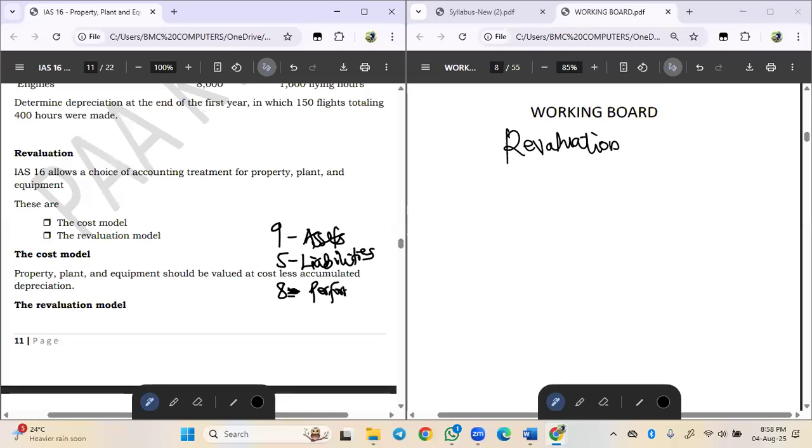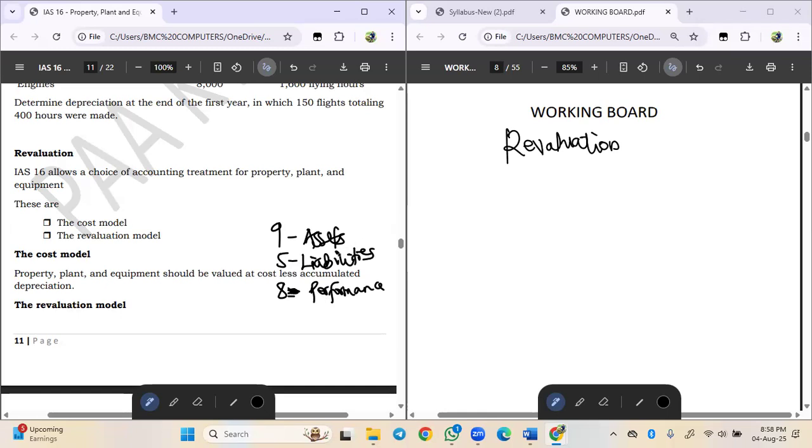Okay. So the performance is where we have IAS 10, the IAS 8, the IAS 33, EPS, operating segment, and all that. The liabilities too, we have share based payment, financial instruments, and what? So we get there.